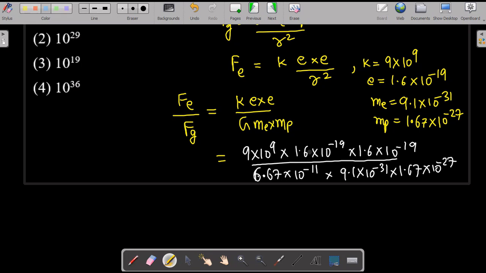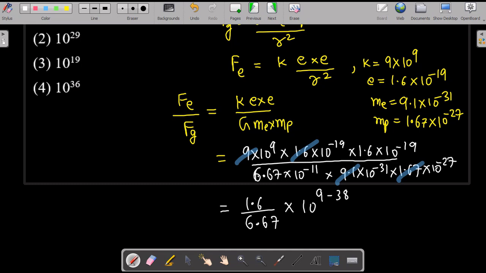Some of the things can be cancelled here. 9.1, approximately 9, can be cancelled. 1.6 and 1.67 you can approximately cancel. So this is like 1.6 by 6.67 into 10 raised to power, calculate this: minus 19 minus 19 is minus 38, so this is 9 minus 38 plus 11 plus 31 plus 27.